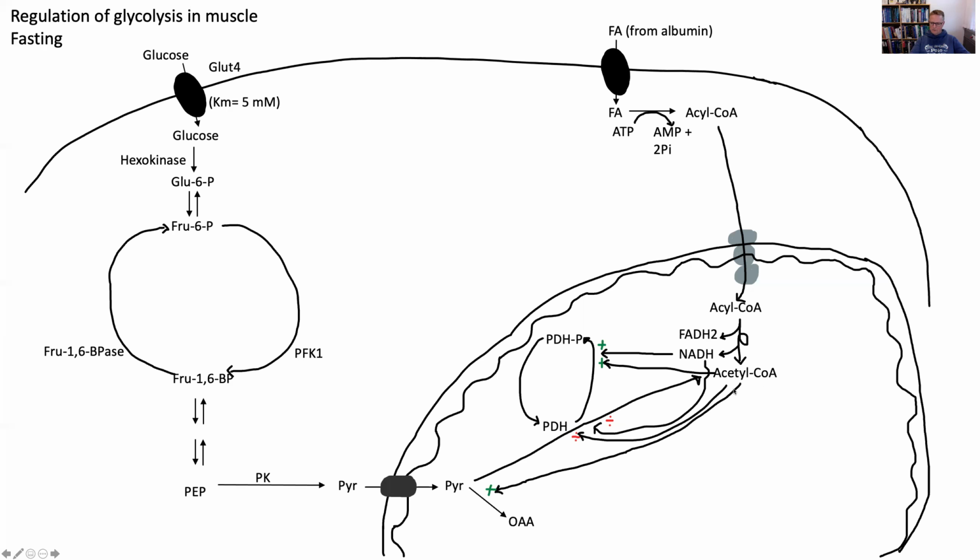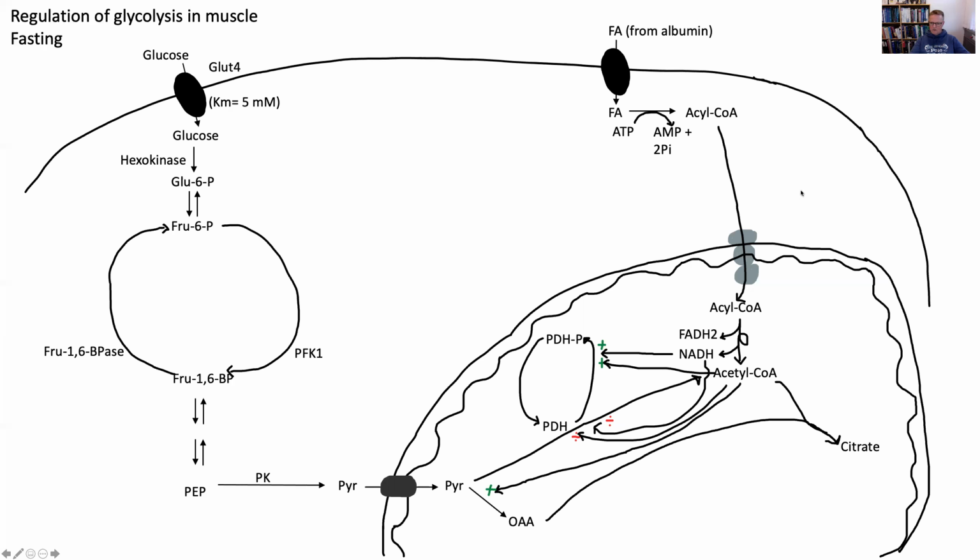Because once the acetyl-CoA concentration increases just a little bit in the mitochondria, it will activate an enzyme called pyruvate carboxylase, thereby producing oxaloacetate. And we know that along with acetyl-CoA, oxaloacetate can produce citrate.